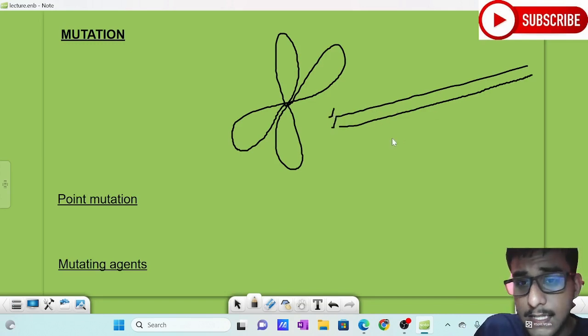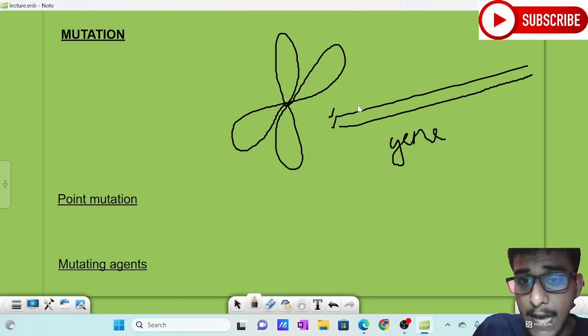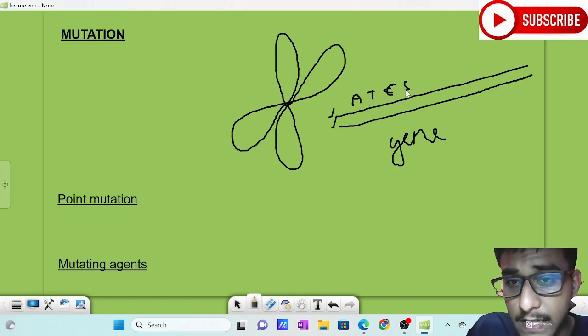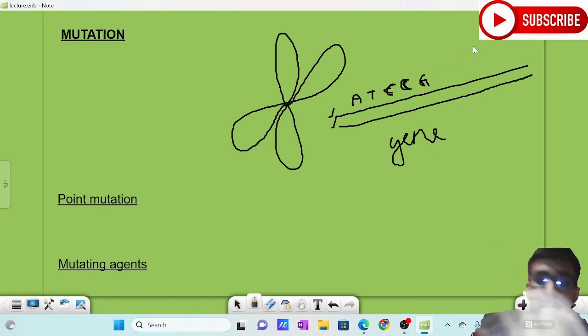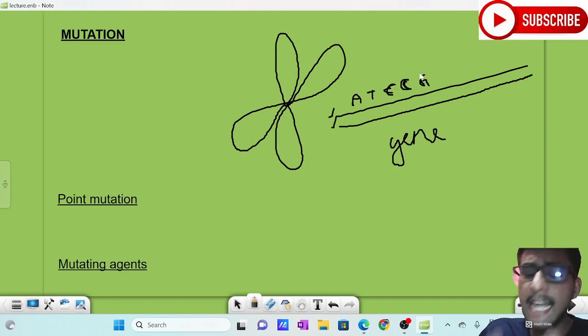So consider it as a gene. It will be having a certain sequence here. I am just writing adenine, thymine, uracil. Sorry, uracil is seen in RNA. Adenine, thymine, cytosine, guanine, in any order.